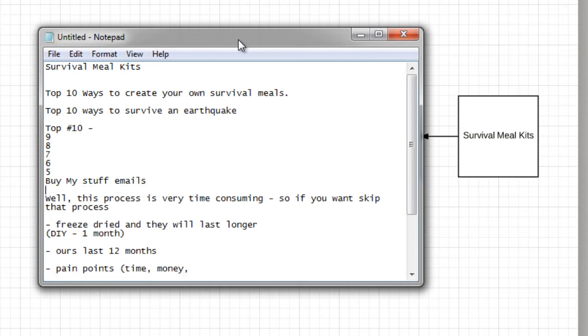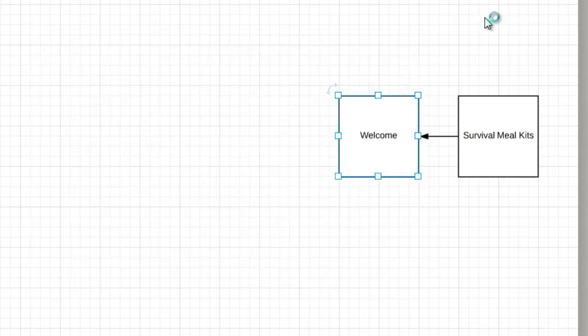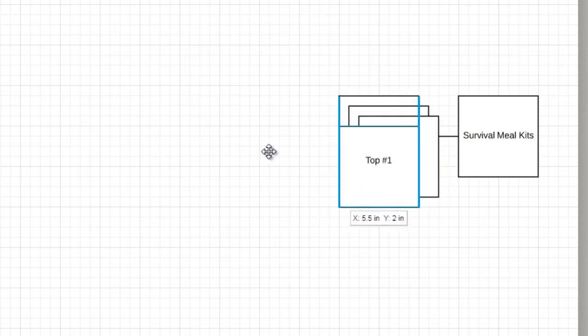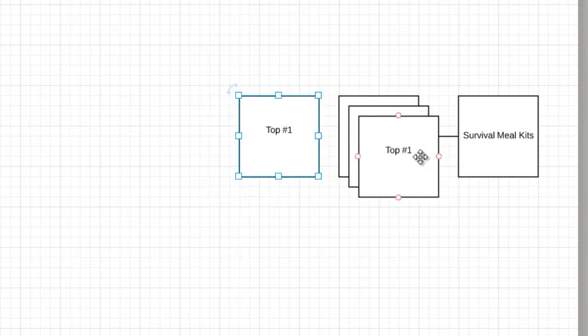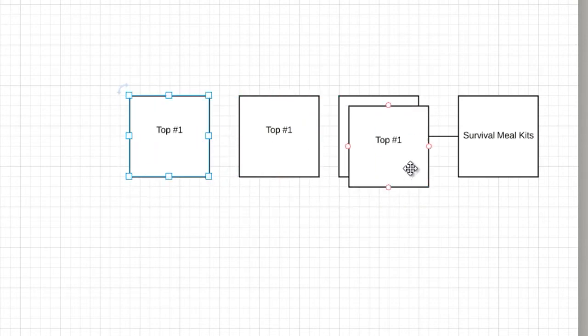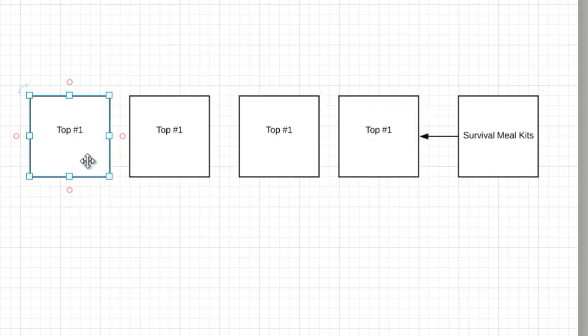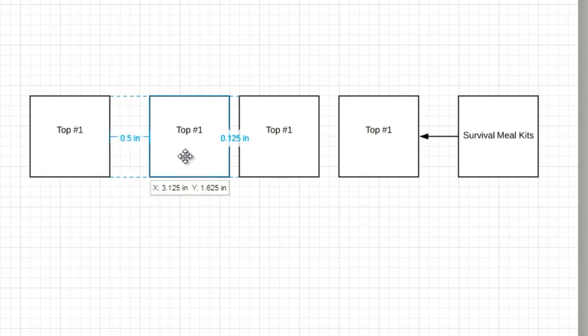By working backwards, we can say, okay, this can be top number 1, and then this can be 2, 3, 4, and 5.